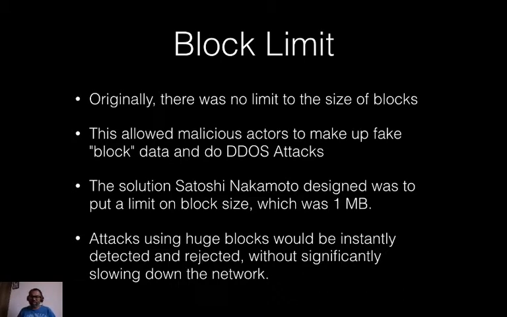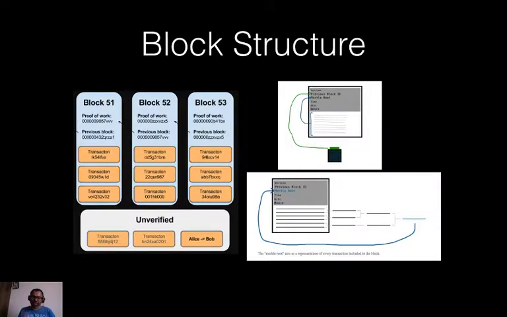At that time, around 2009 and 2010, it was understood, by Moore's law, that 1 MB was an optimum size to send across the network. You have to understand another point: the transactions that are added within a block don't have a fixed size.